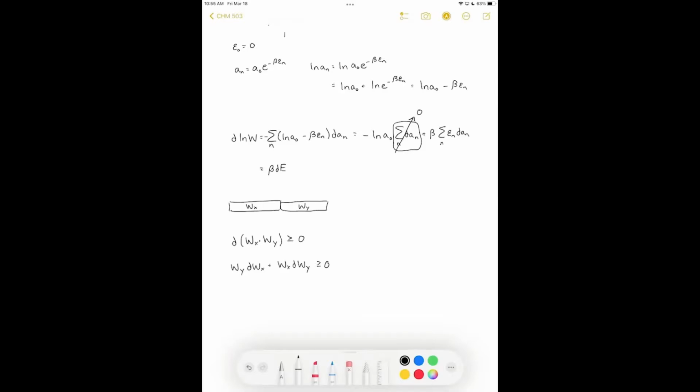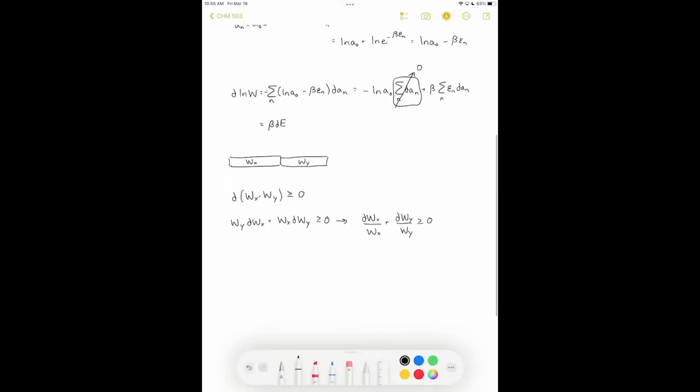And we can rearrange this to have dWx over Wx plus dWy over Wy being greater than or equal to 0. And if we have dx over x, that's simply the natural log of that.